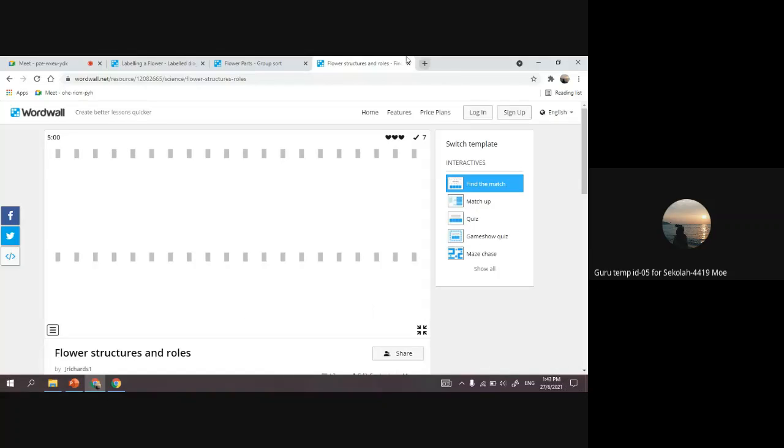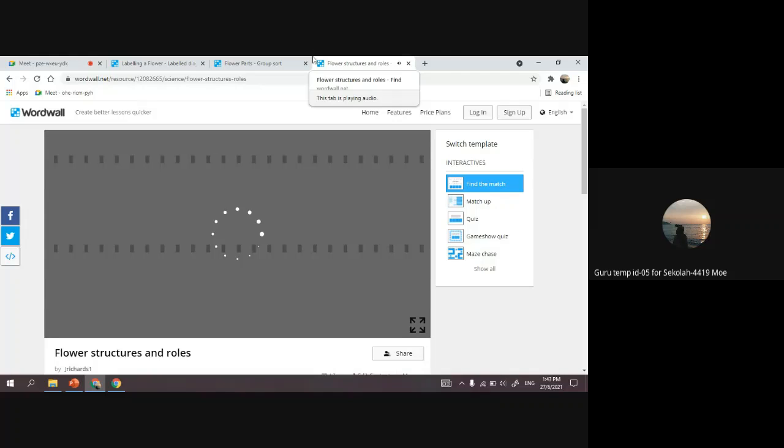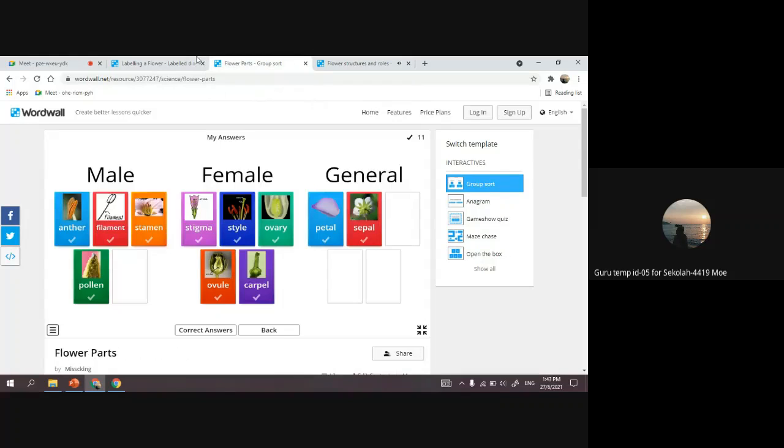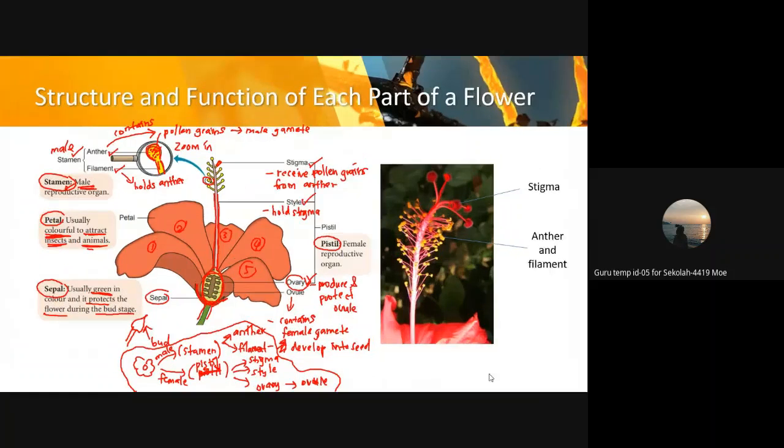Okay, good, for everyone that responded in the chat section. Alright, so let's look back. Let's do a bit of summarization on what you have learned in today's class. For today's class, I only focus on the structure and function of each part of a flower.